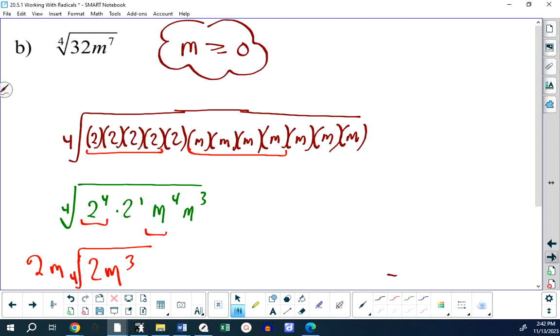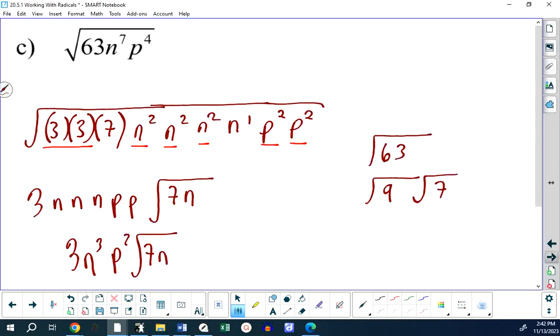If m is negative, this is tricky, and you take that negative value of m and raise it to a 7, you're going to get a negative. And you cannot take the fourth root of a negative. When you look at C, are there restrictions on n?